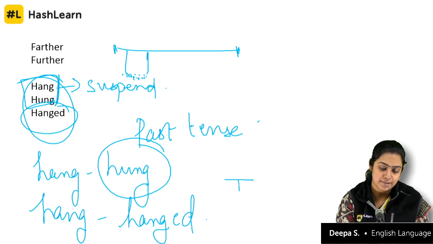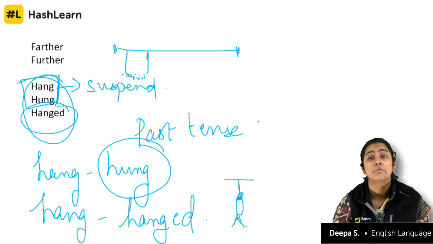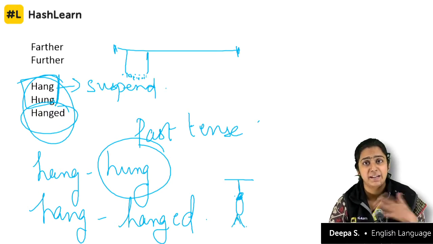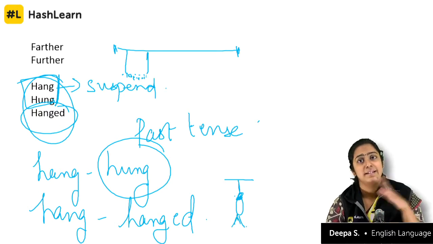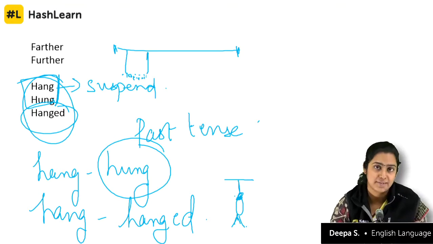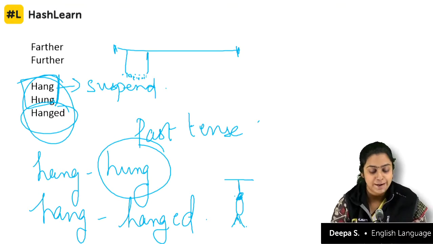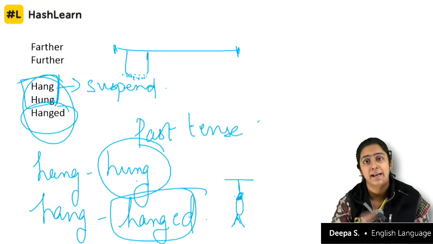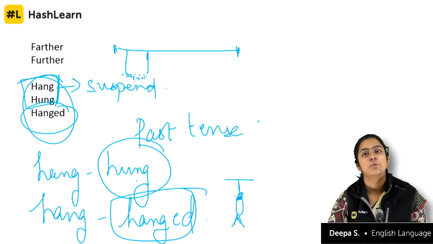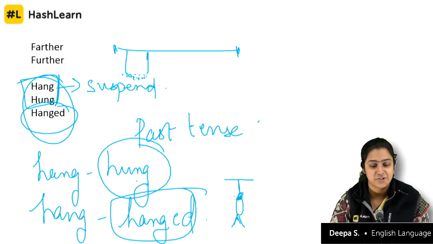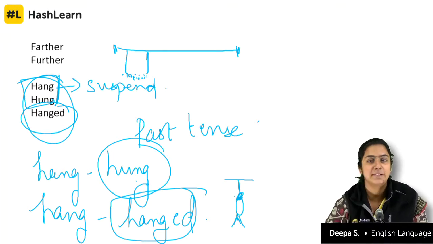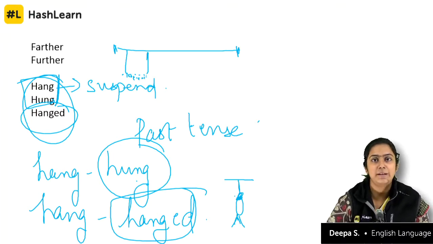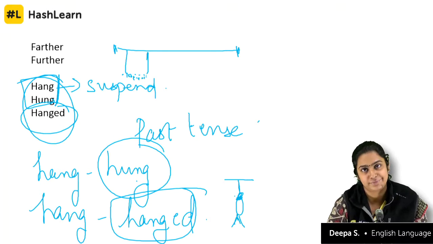So when it is a person on a gallows, a person who's hanging himself or someone else is hanging him, that would be hang, hanging, hanged. When the judge assigns the sentence, he says this person should be hanged until death.